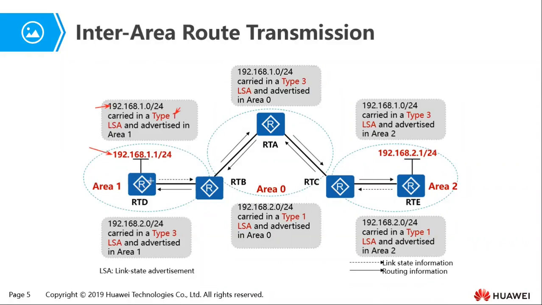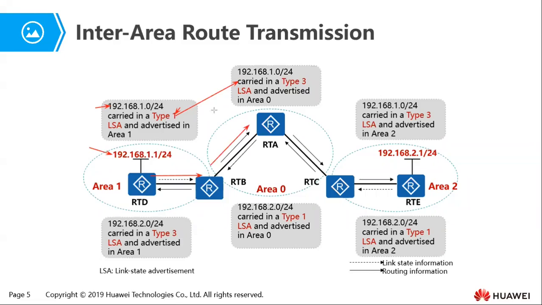When it's advertised in area 1, it's also shared with RTB. We know that RTB is an area border router, an ABR. So RTB will convert this type 1 LSA into a type 3 LSA and advertise it in area 0.